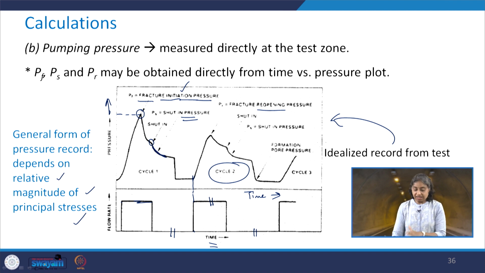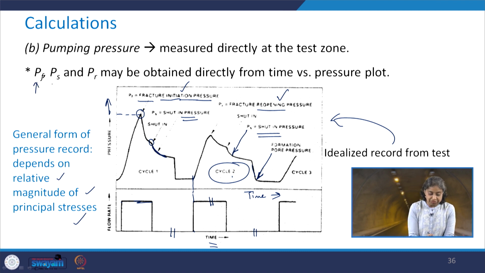In the second cycle, all you have is the fracture reopening pressure, and of course you will get the shut-in pressure, which is this one in cycle 2, and then there is going to be the pore pressure at this location, and then the cycle continues. So, basically we can determine PF, PS and PR directly from the time versus pressure plot.